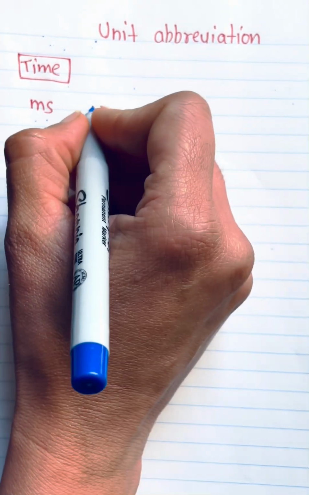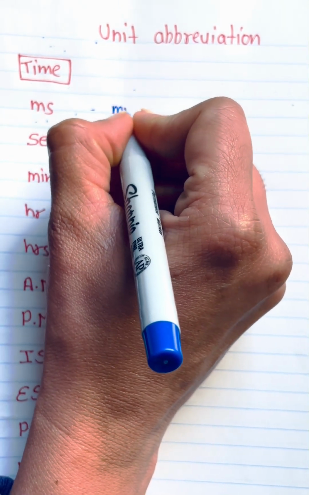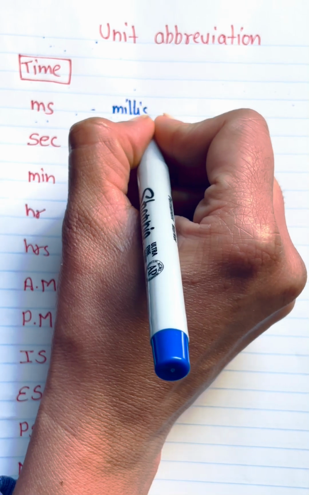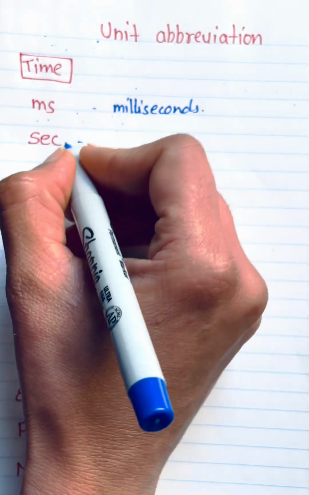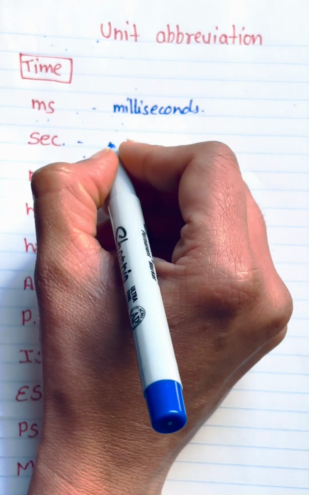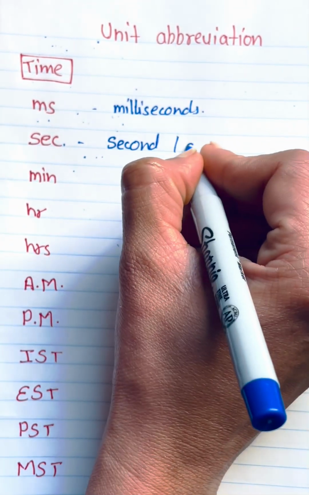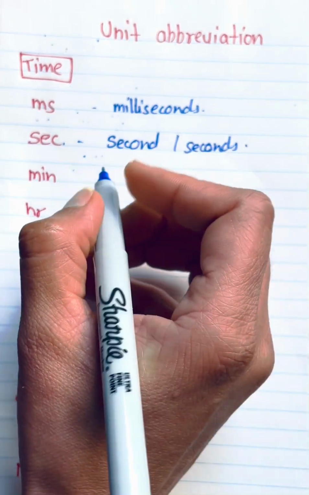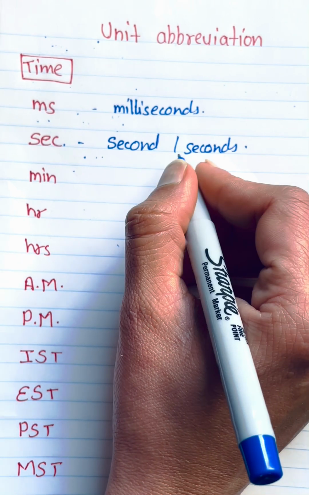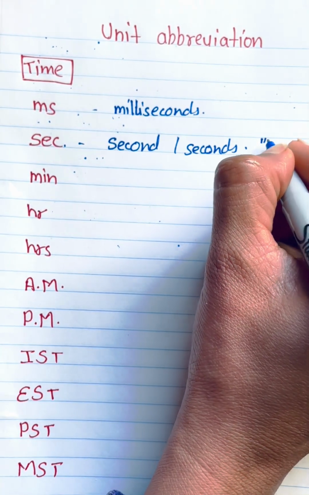So ms is millisecond, and sec means second or seconds, or in an informal way you write the quotation mark.